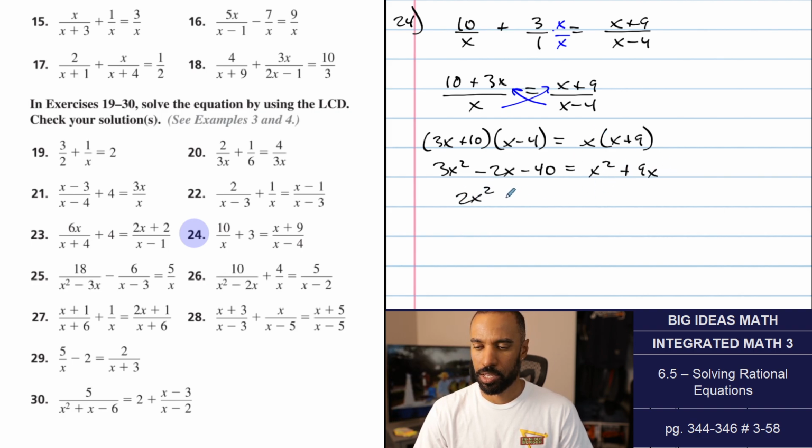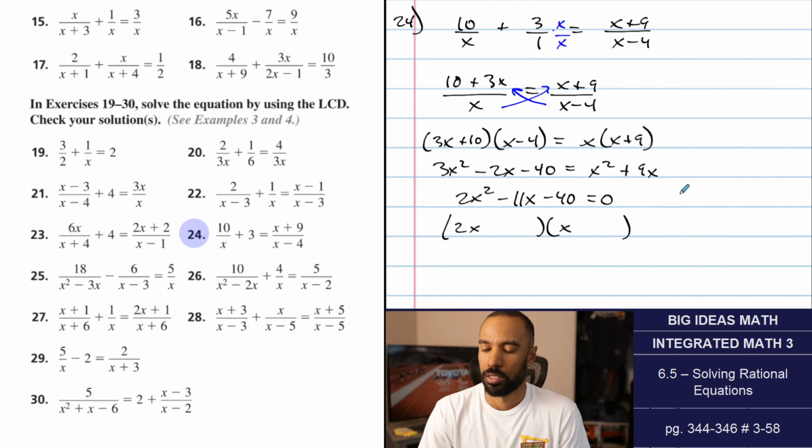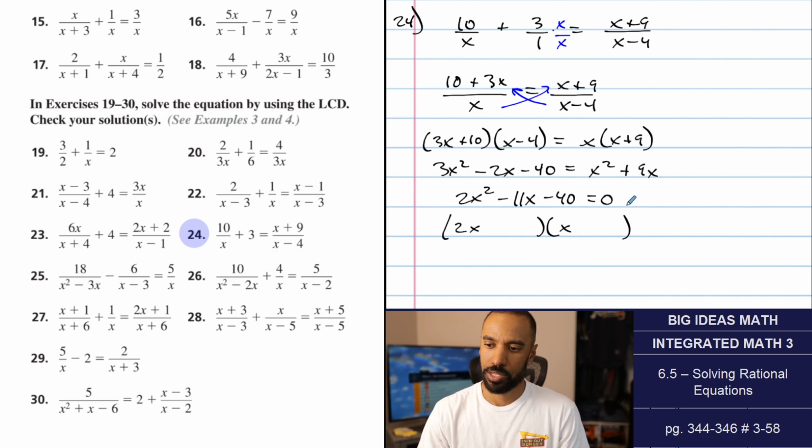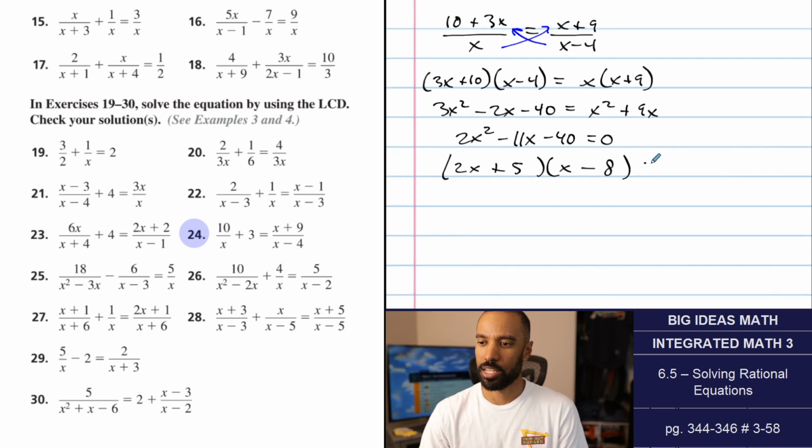Subtract the x squared, subtract the 9x. 8 minus 8 and plus 5. Negative 16 plus 5. Boom. So that equals 0. So x equals negative 5 halves and x equals 8.